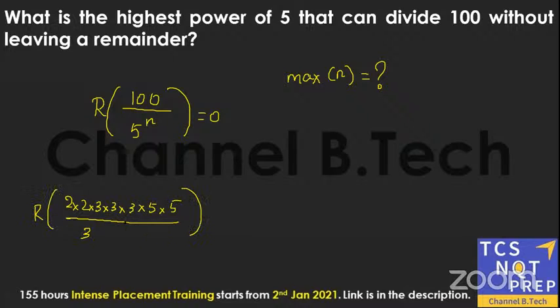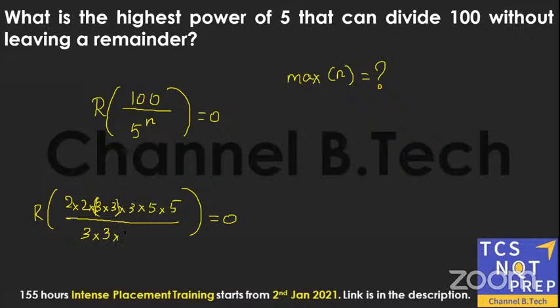Since the numerator is a multiple of 3, the remainder will be 0, right? When I divide by 9, that is 3 into 3, what will happen? In the numerator, as you can see, 3 into 3 is there. That means the number in the numerator is actually a multiple of 9. So a multiple of 9 when divided by 9, the remainder will still be 0.